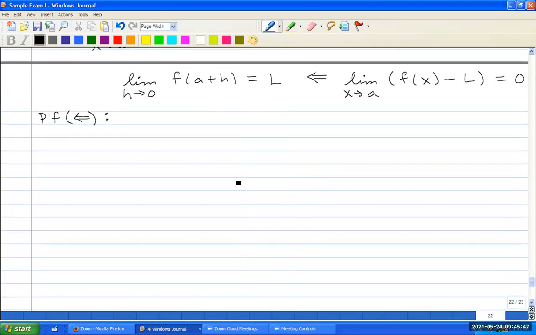And so let's try to prove that. Again, by the definition of epsilons and deltas, we have the following. So since the limit, so here I'm assuming that this limit here is equal to 0.